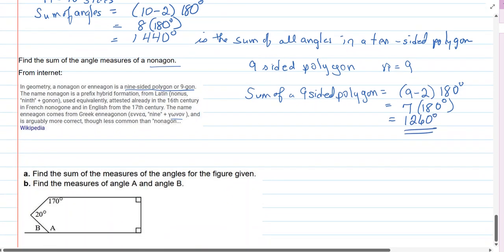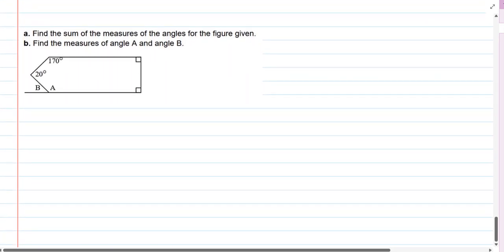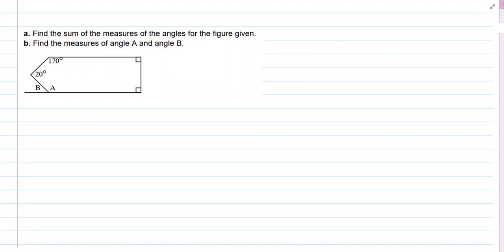All right. Now here is our last problem, and it's not difficult. This section is just an exposure about what you can figure out. So find the sum of the measures of the angles for the figure given. So we want the sum, even though some are given. So we're going to count the sides.